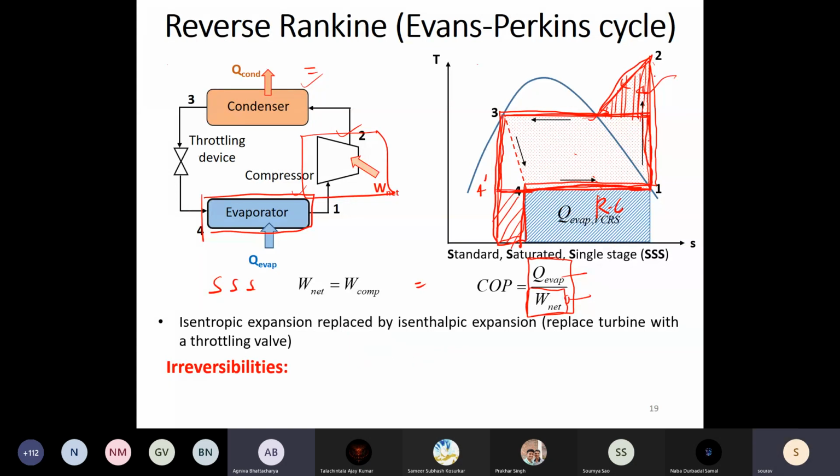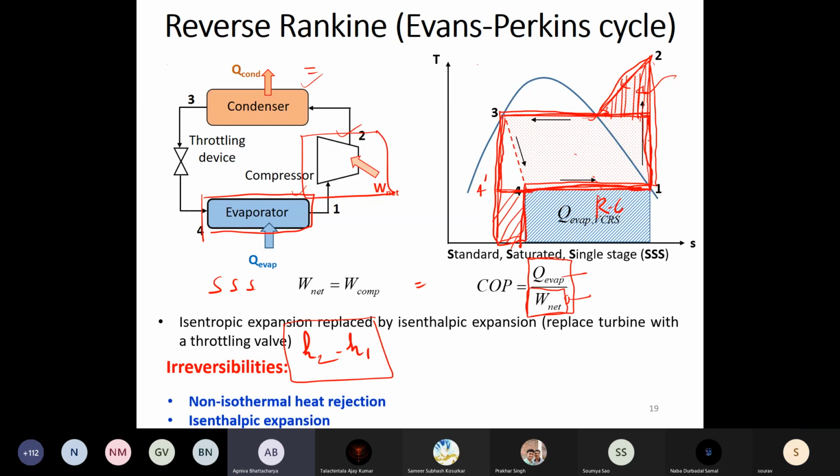Now how to get this net work in the form of the area under the TS diagram. So what is the net work input to the compressor? That is H2 minus H1. Okay, so this part you just remember, H2 minus H1.